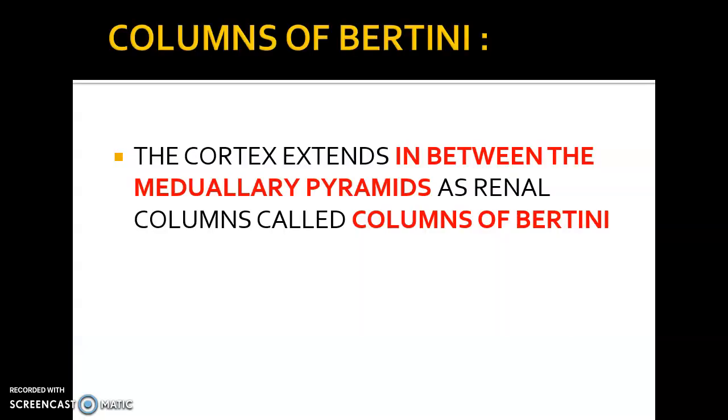The last structure we discussed was the columns of Bertini, the part of the cortex that makes its way into the medulla region and appears like a column. I hope you have understood the structure of the kidney.